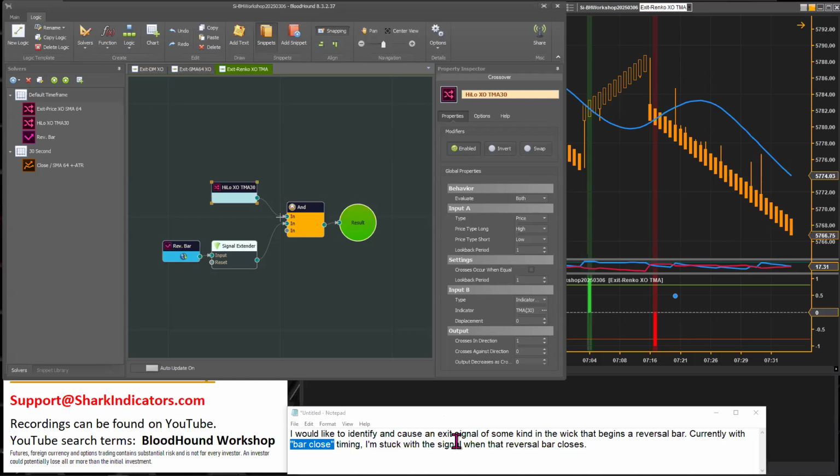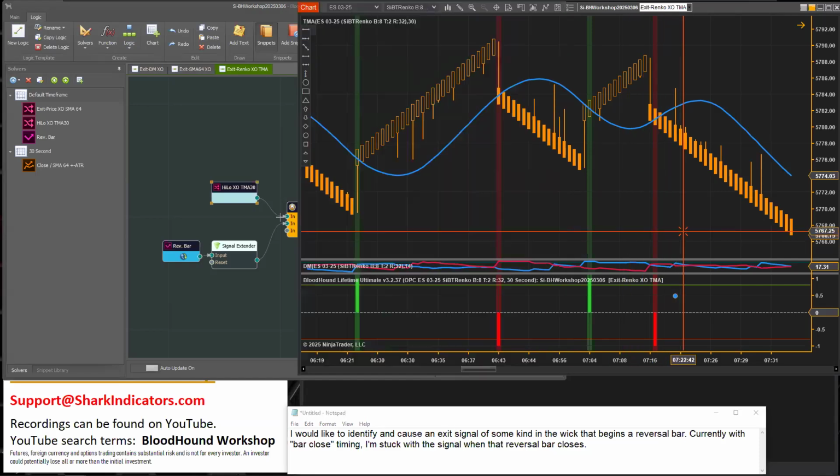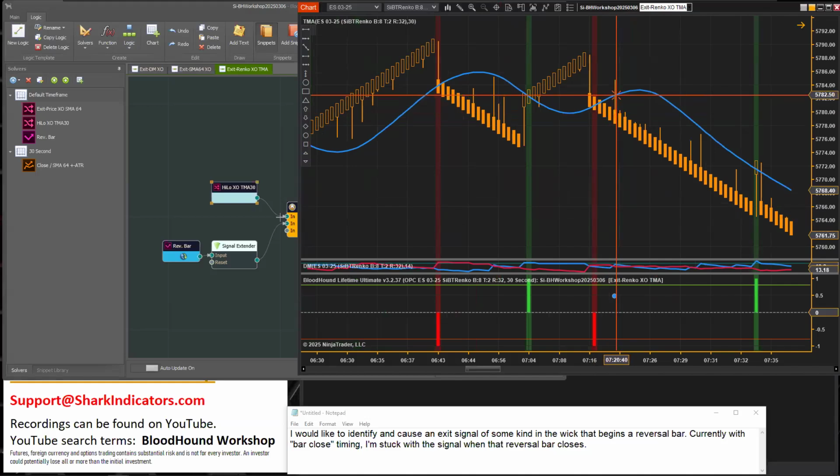So let's see here. The last thing I'm thinking about here is the calculate setting. So this exit is to occur in real time.